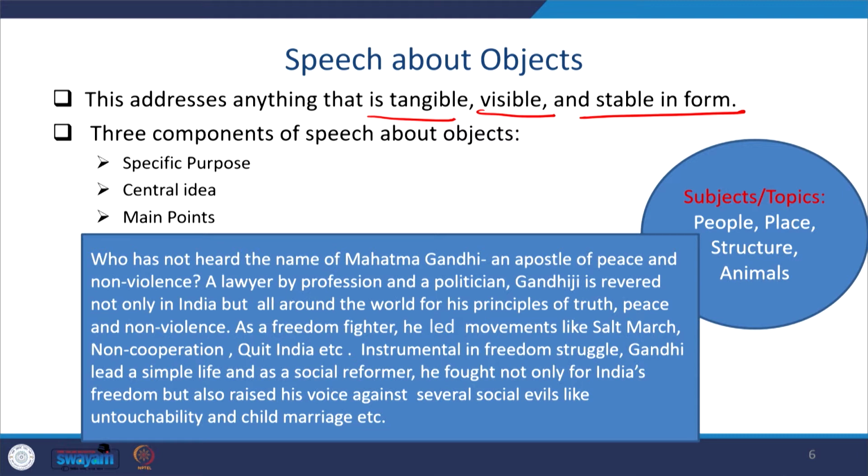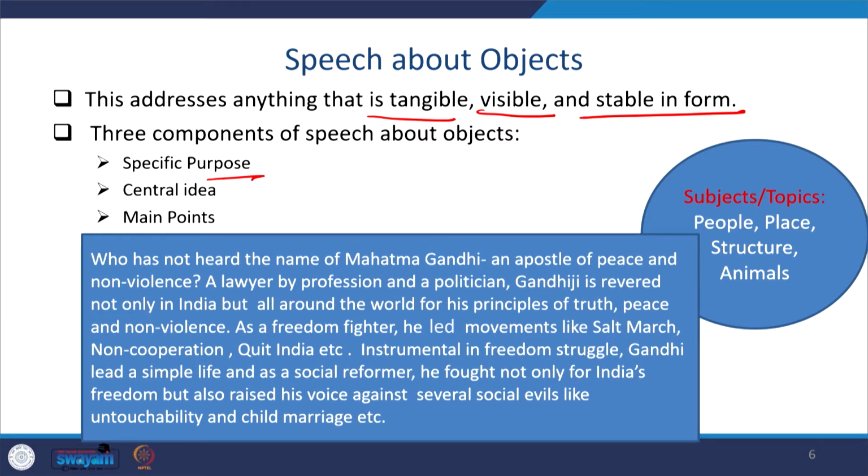Now, say for example, if you are going to draft a speech about an object, how will you do that? First, as I mentioned in the previous lecture, we will talk about the specific purpose. What is the specific purpose?